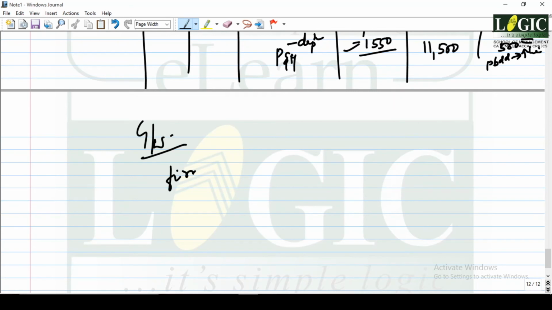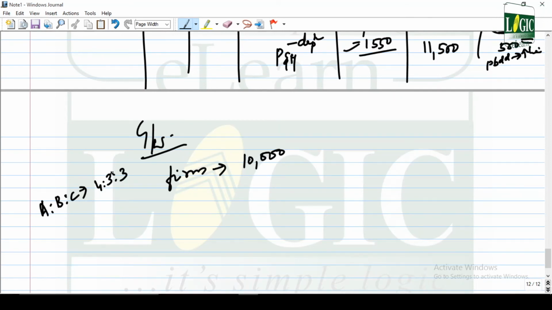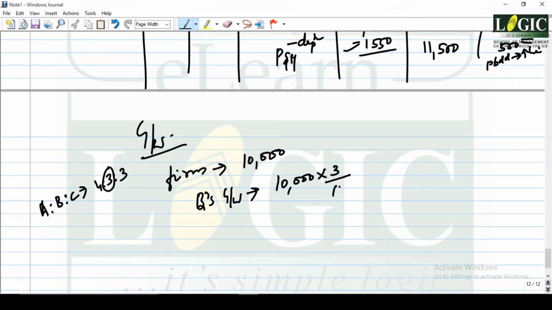Goodwill of the firm is 10,000. Now A is to B is to C, how much? 4 is to 3 is to 3. B is retiring, so B's goodwill is 10,000 into 3 by 10, that is 3,000.